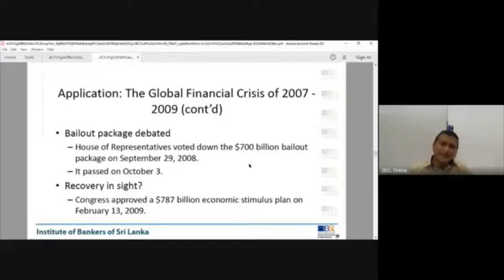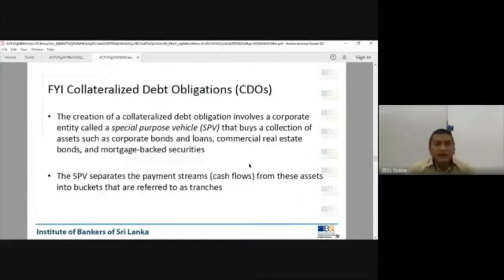So you can see how difficult it is when the markets are collapsing, crashing, and how many resources the governments have to put in, but effectively it's the people, and their tax, if not that way, you are paying through inflation, right? So you see the difficulties that the economies were experiencing during that period of time.